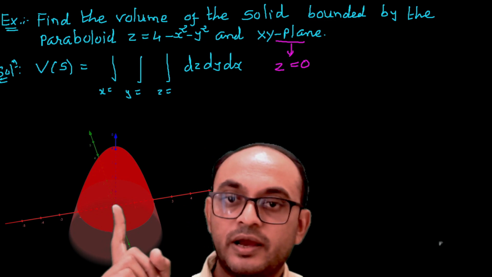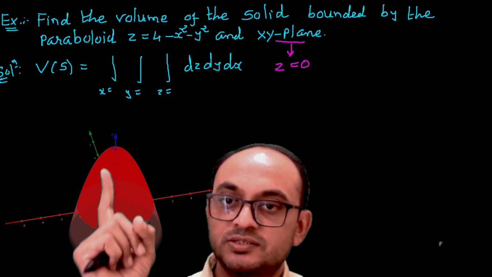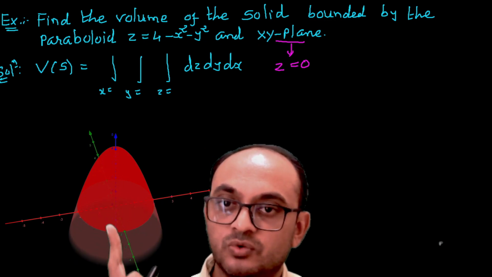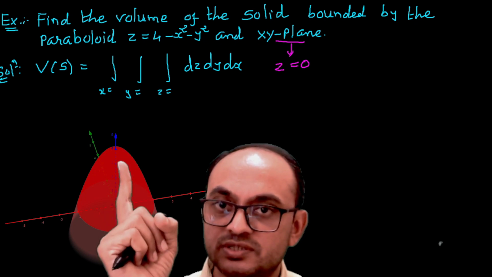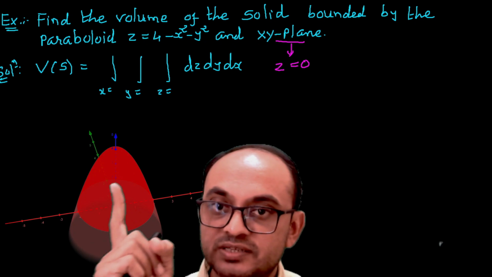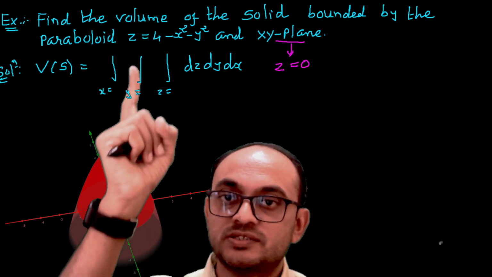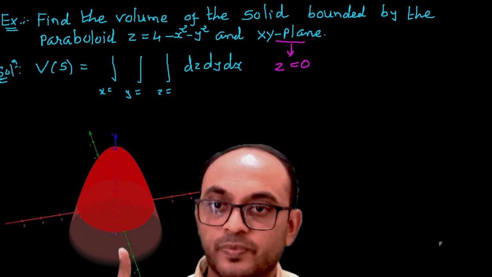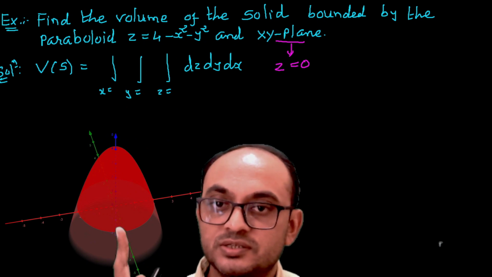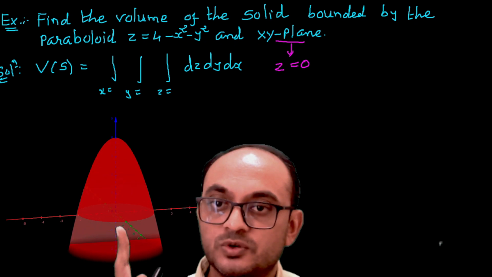Here the red color axis is the x axis, the green color axis is the y axis, and this blue color vertical axis is the z axis, and this is the surface z equal to 4 minus x square minus y square. Just observe this surface.